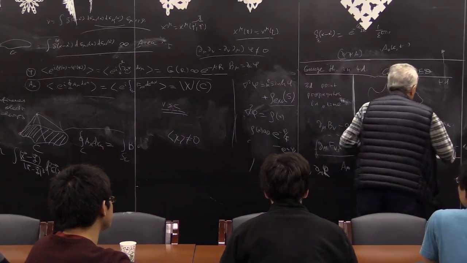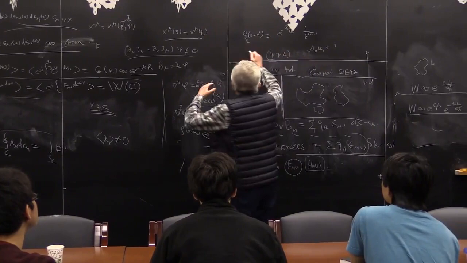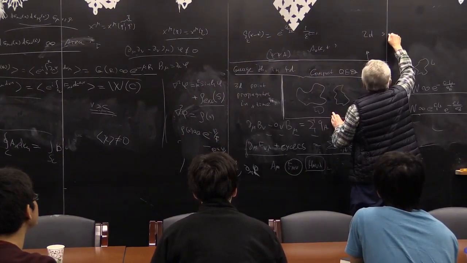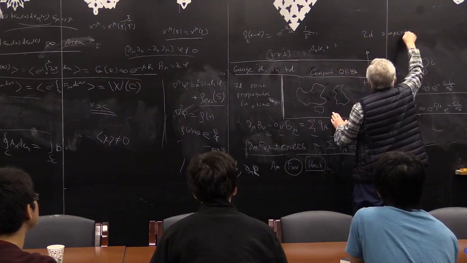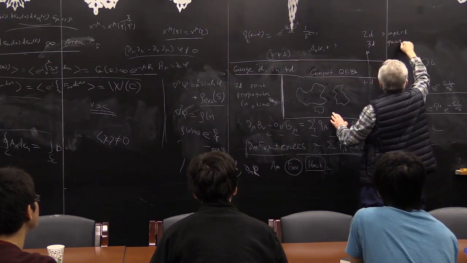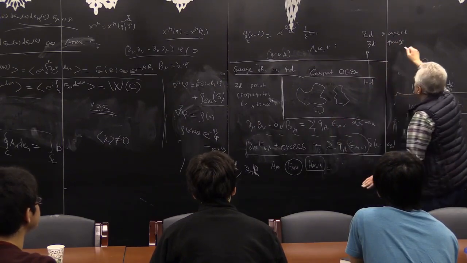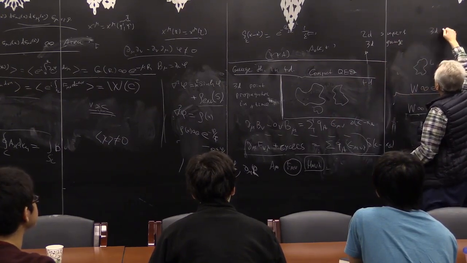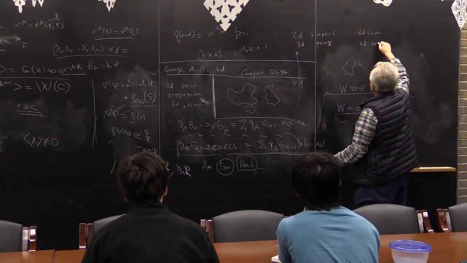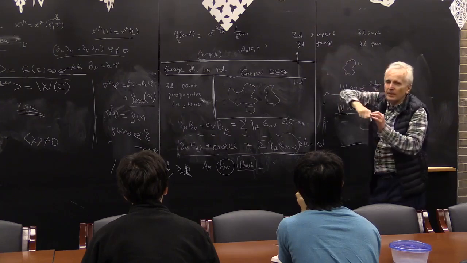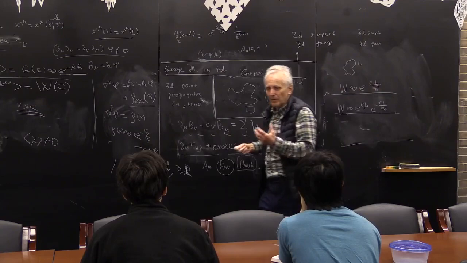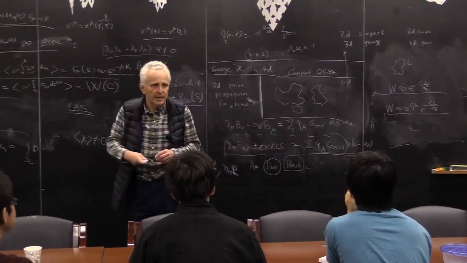So here I made the comparison between 2D superfluid and 3D gauge theory. Now, as we go to 3D superfluid and 4D gauge theory, in both cases the defects will be linear, one-dimensional. And that is why there is the analogy.